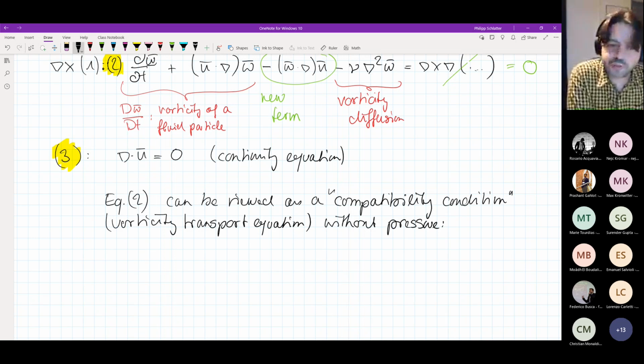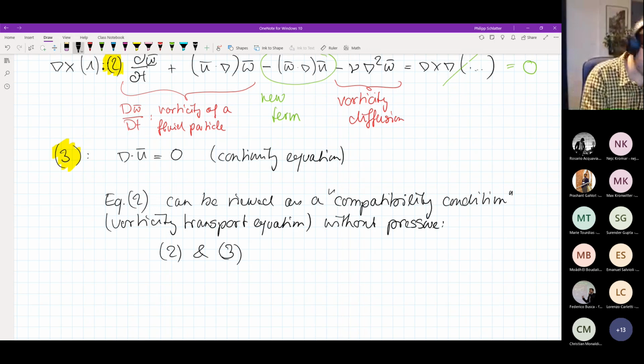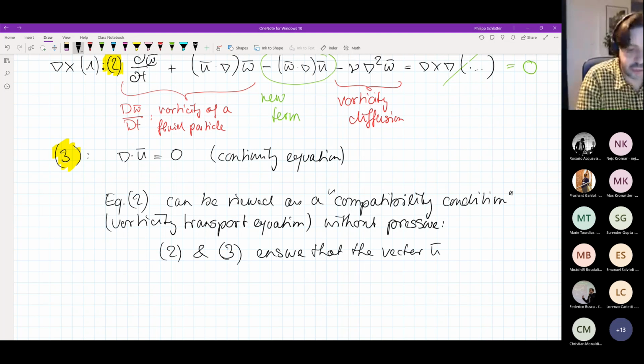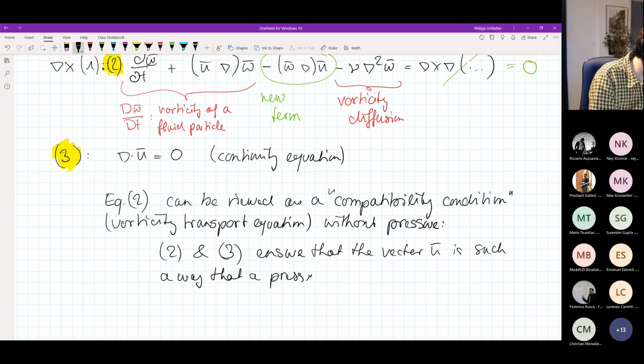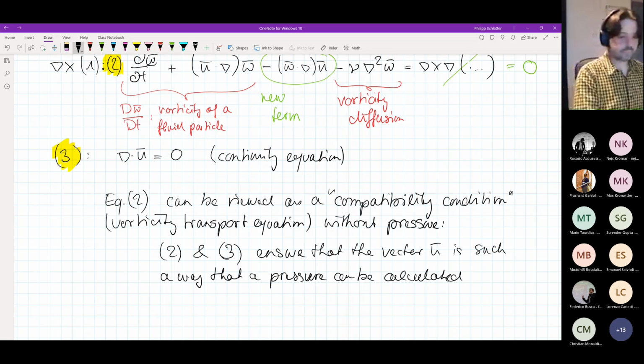So compatibility to what? Well, equations 2 and 3, so this compatibility condition plus the continuity equation together, they ensure that the vector field U that can be calculated is in such a way that a pressure can be calculated using equation number 1.